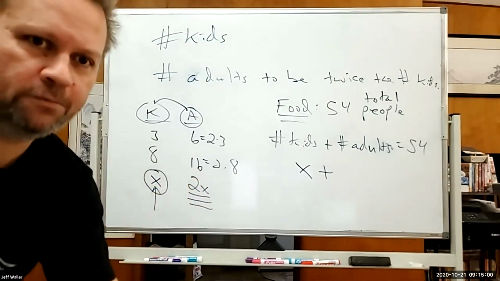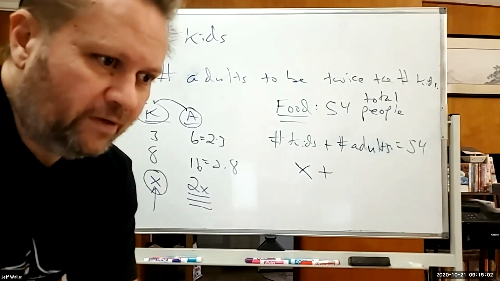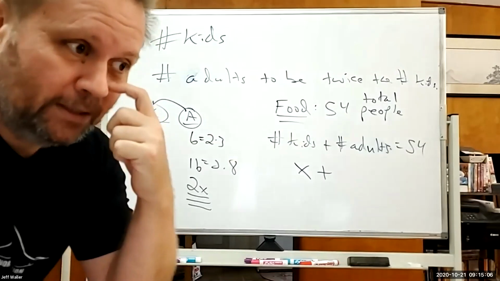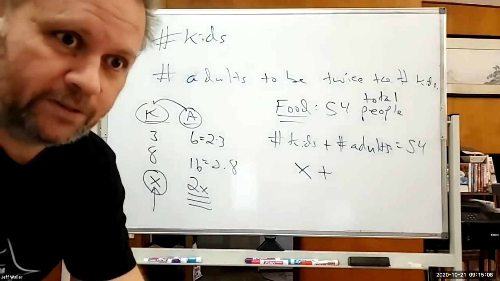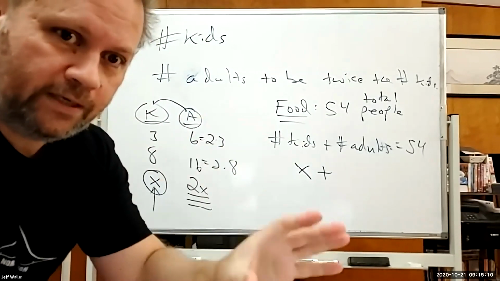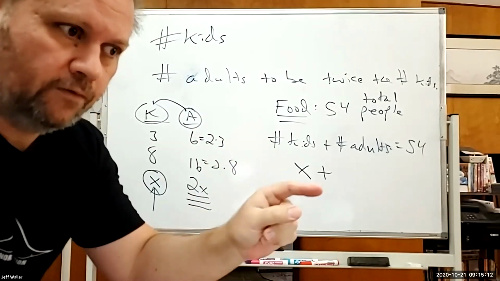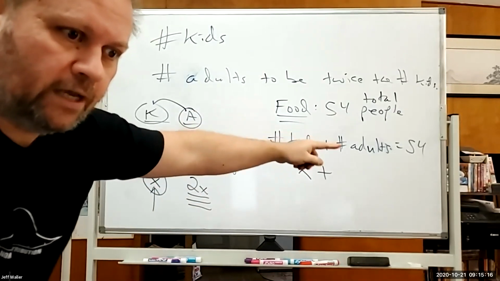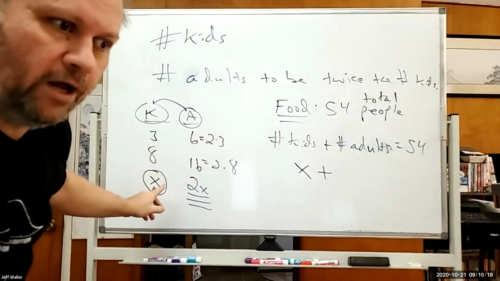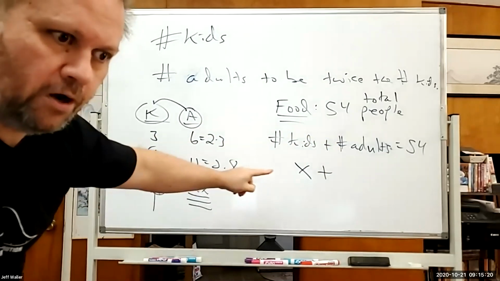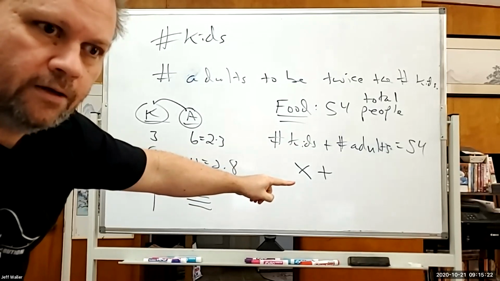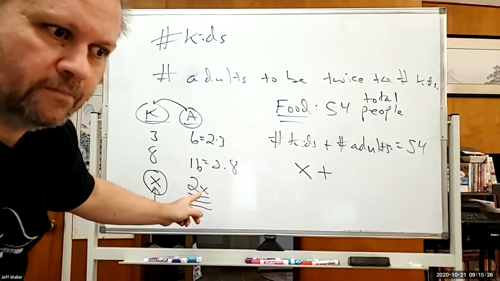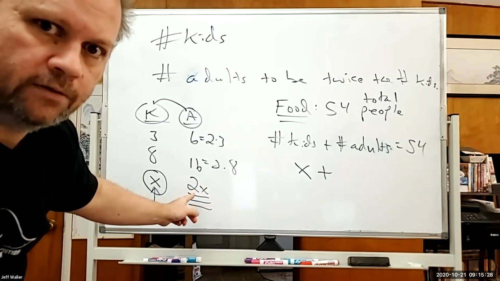I really want you guys with me now. The number of kids, I have no idea. The number of kids plus the number of adults is 54. The number of kids determines how many adults there will be. So if there's some unknown number of kids, I'm going to call that X. Therefore, how many adults must I have? 2X, right?